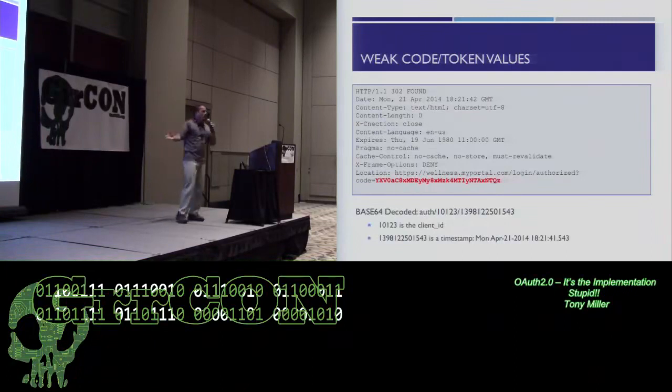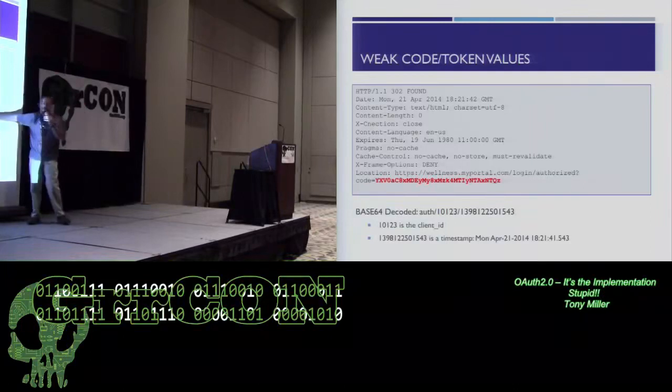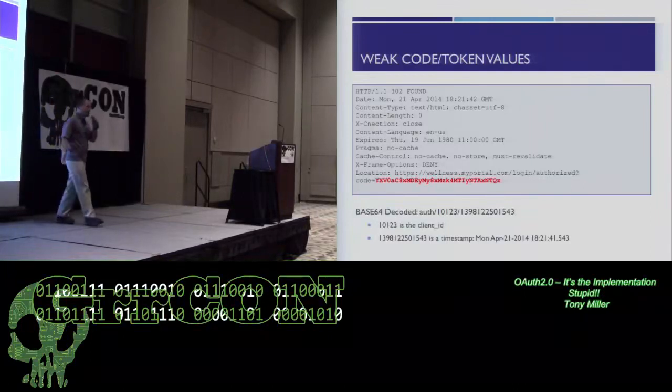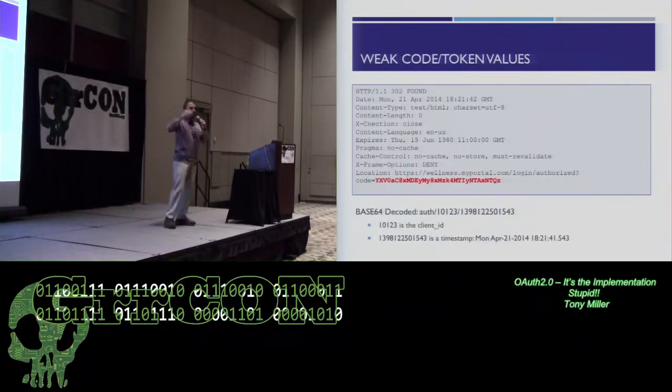So maybe not as big a deal if I wanted to brute force this. Obviously, it'd be easily brute forced, but if they're at least doing this as a one-time code, I've got a race condition as the only way I'm going to get there and actually be able to do something with it. I've got to get in with the right value between the time the client initiates that authorization request and the time they do the access token request.